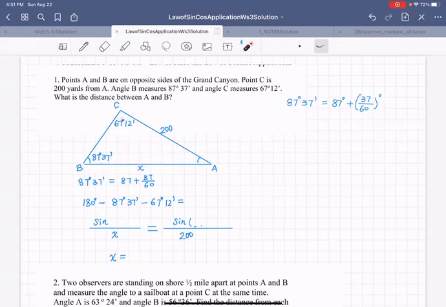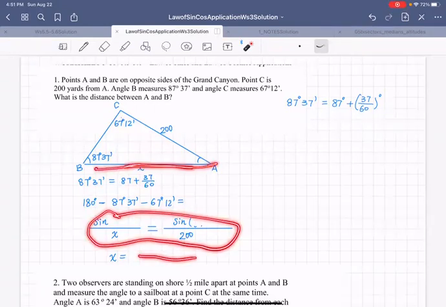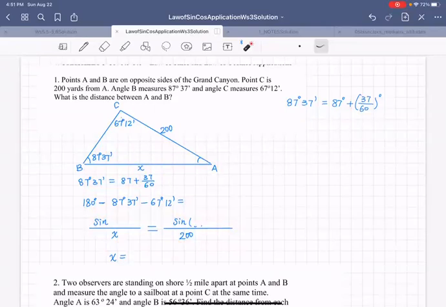So go ahead, use the law of sine to calculate how much is my x. If you finished, go ahead, text me this angle and the x value here together, okay? This is the worst problem for pre-calculus.